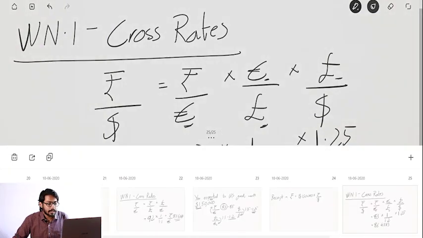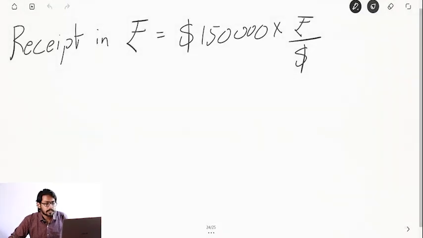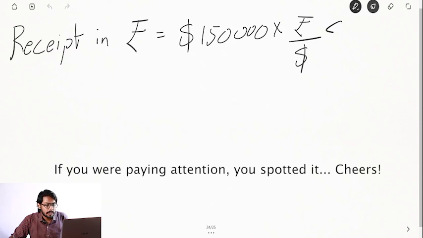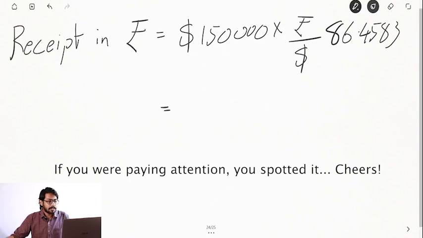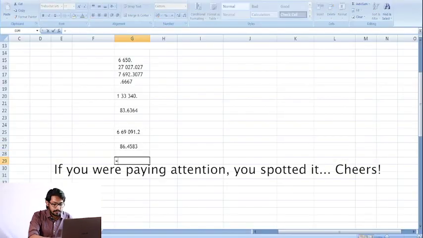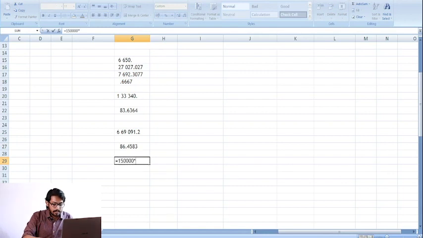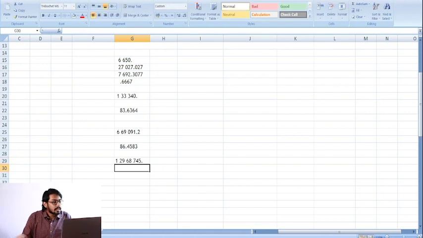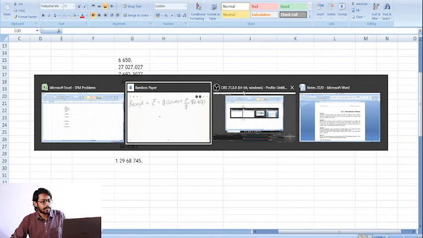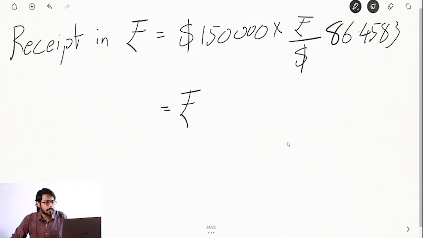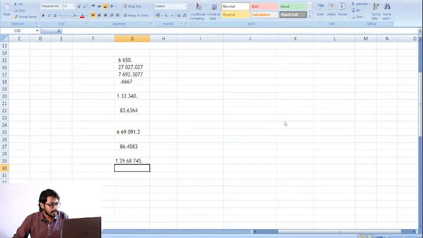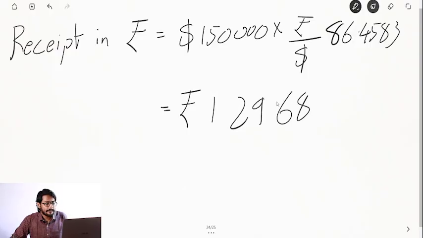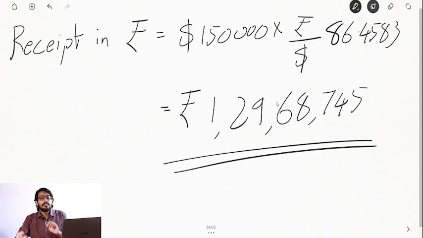86.4583. Multiply that over here. 1,50,000 into 86.4583 is 1 crore 29 lakh 68,745 rupees. 1 crore 29 lakh 68,745.